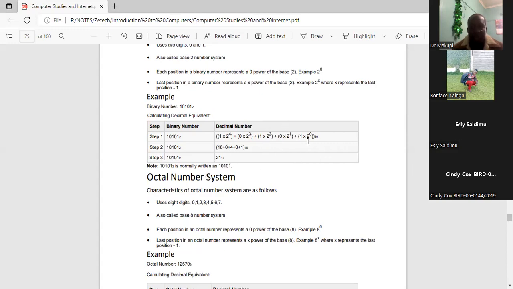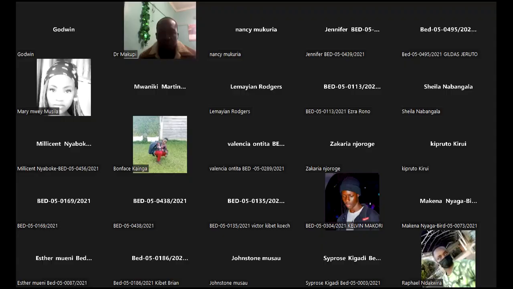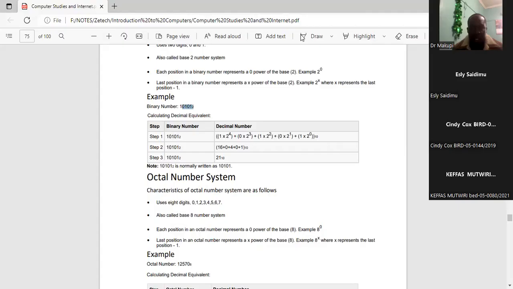I've said the way you convert is that you multiply by increasing powers of 2, so that, for example, I have 1, 0, 1, 0, 1.